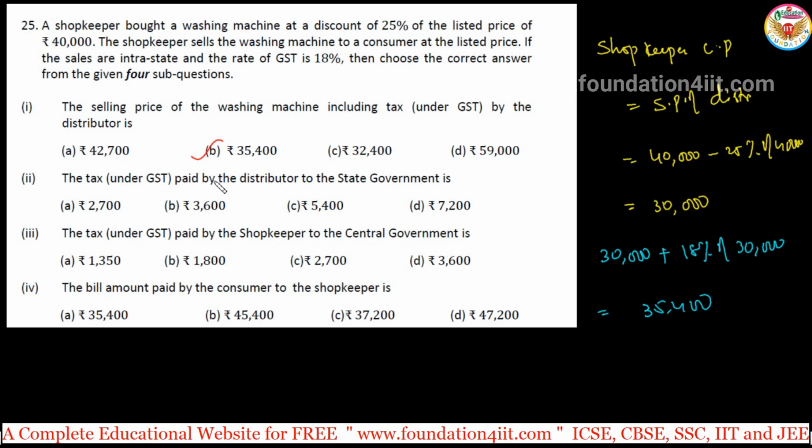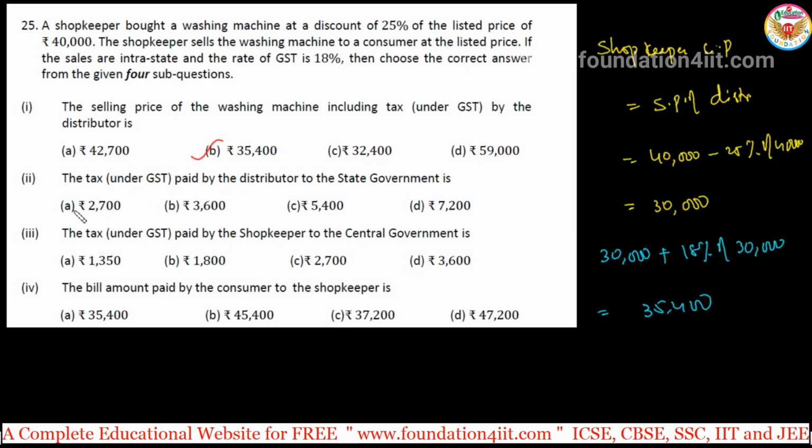The tax under GST paid by the distributor to the state government: so that means 5,400 overall GST. Subtract this, only options I'll give you.